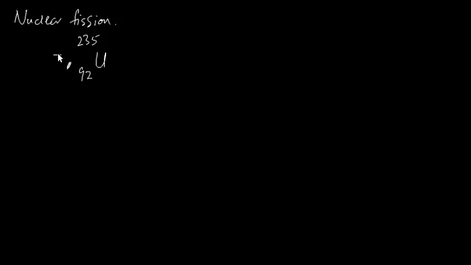Now when a slow neutron comes into contact with the uranium-235 nucleus, they will stick together and become so unstable that it will split into a number of fragments.